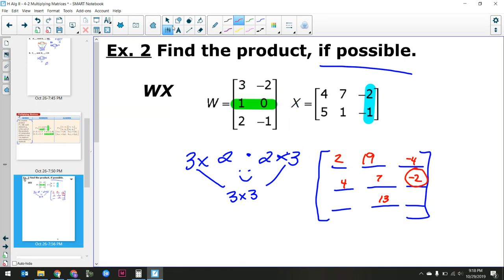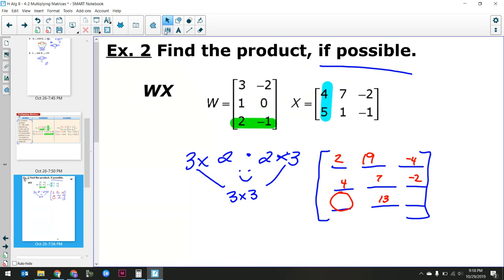Row 3, column 1: this gives me 8 and negative 5, which is 3. Just double checking. And this last one, 3, 3: negative 4 and a positive 1, so negative 3. And there we have it. That's matrix products by hand.